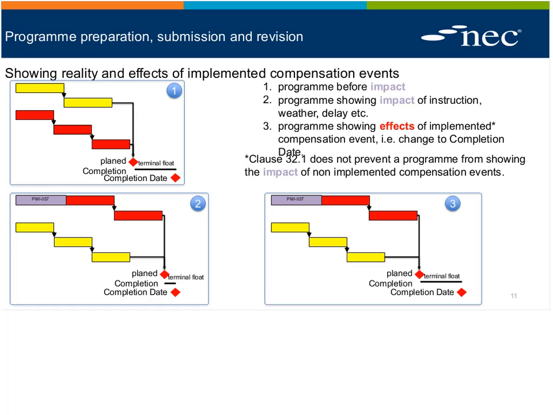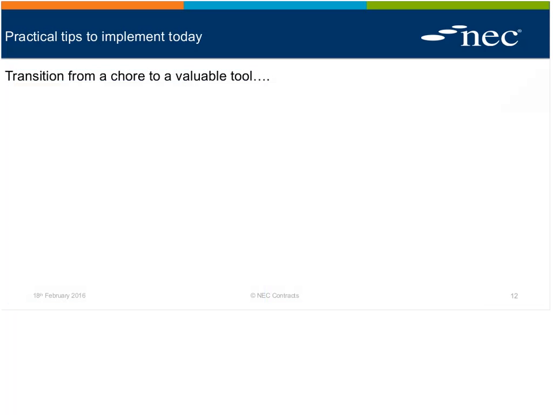Okay, moving on. Transition from a chore to a valuable tool. It's unfortunate, but a lot of people see the program as a monthly task: we bring somebody in who perhaps doesn't even sit on the site for the rest of the month.